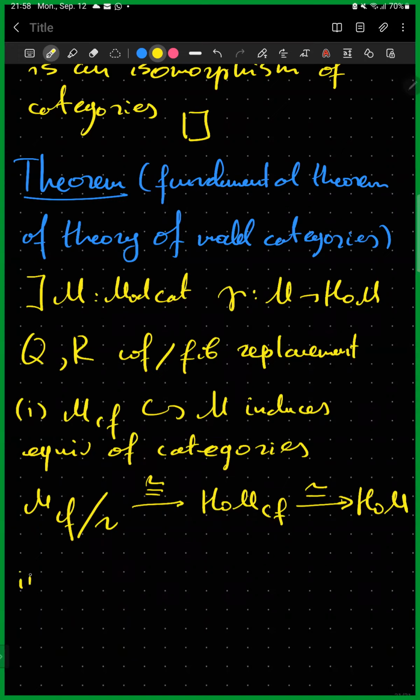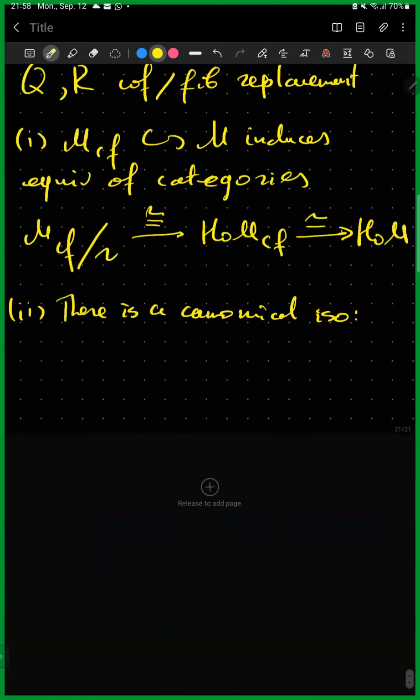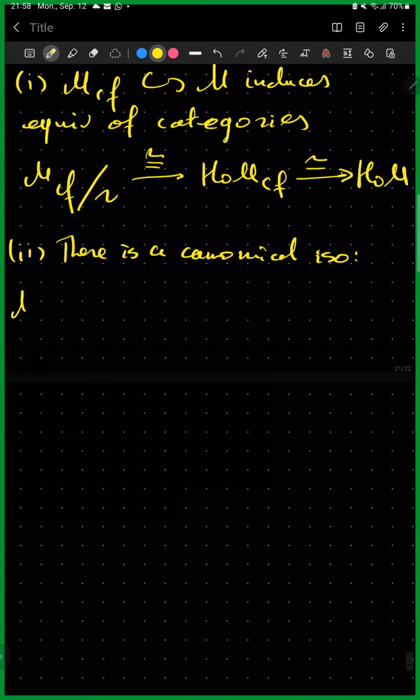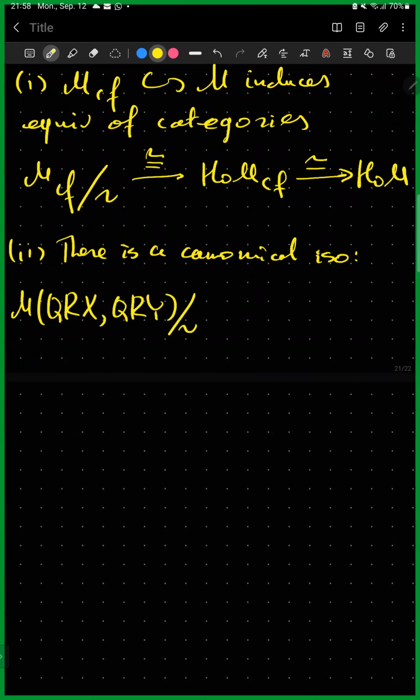Second, there is a canonical isomorphism. It goes like this. We take Hom(QRX, QRY) modulo the homotopy relation.